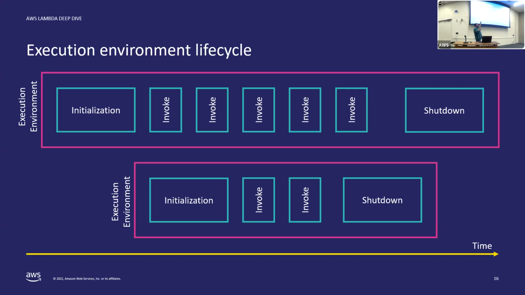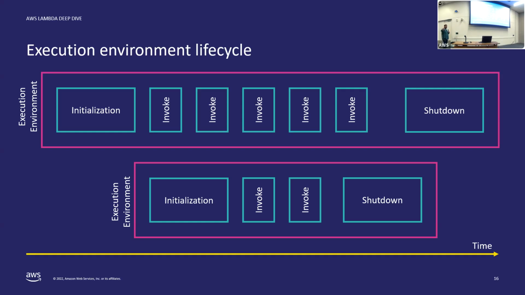While the first execution environment is executing the first invocation, the request came in and a new execution environment has to be ready to handle that request. So you initialize a new execution environment. Again, think about it at scale. If the invoke box is wider, that means your execution environment is busy executing your Lambda code.